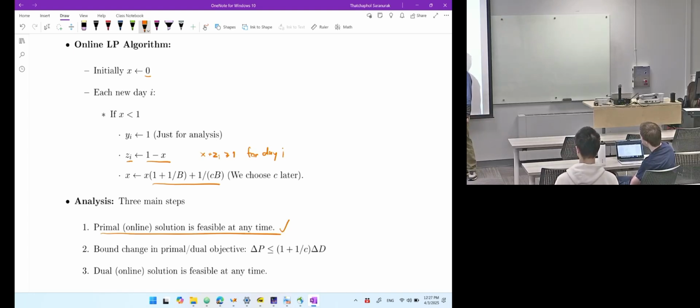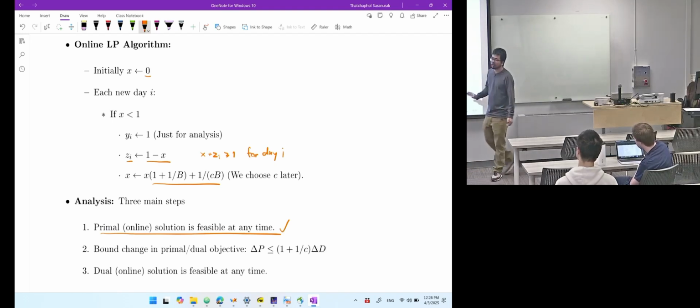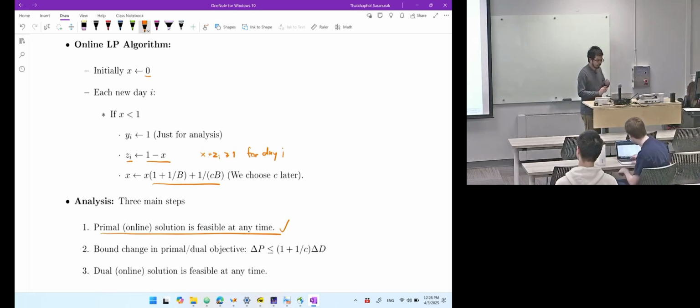Because on each day I just set Ci to be 1 minus x. So every constraint is satisfied. Okay. These two are not going to be clear in why they're true. But suppose that they are true, then let's try to prove that we get a good algorithm.